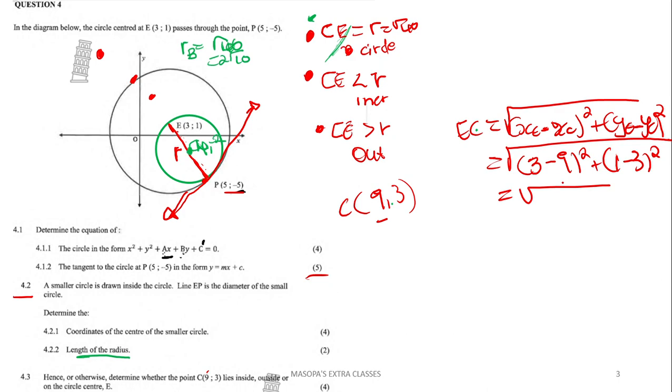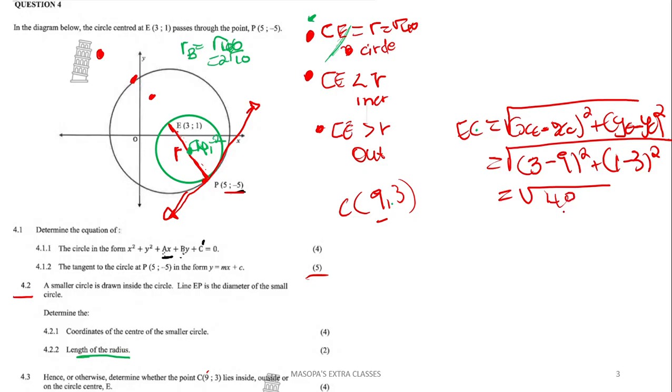Then here as well, negative 1 minus 3 gives negative 4, and negative 4 squared gives 16. Then 36 plus 4 is equal to root of 40.